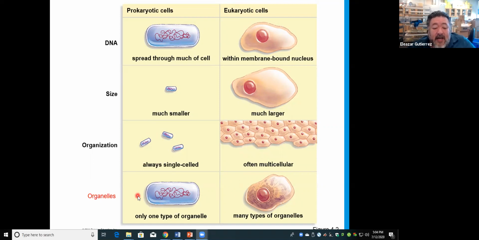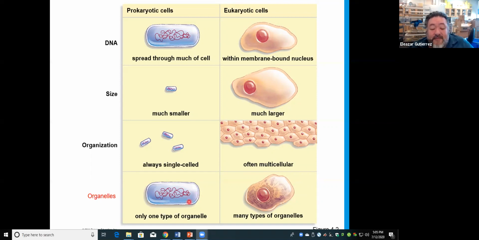And then finally, organelles. We're going to go into organelles in eukaryotic cells. Eukaryotic cells have a lot of different organelles. From a cell biologist's view, bacteria do not have organelles. Although, if you talk to a microbiologist, they will argue with you.